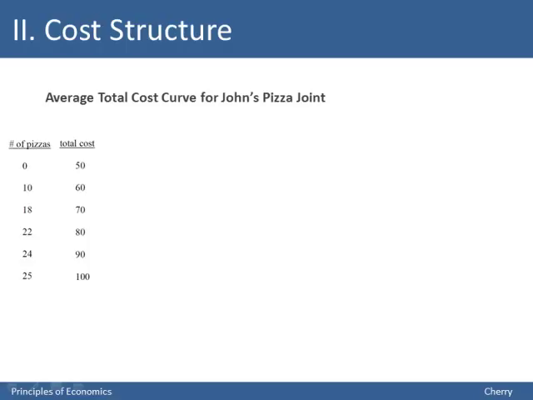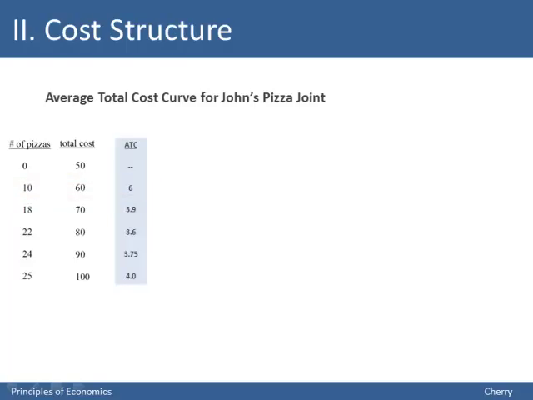All right, so from before we have the number of pizzas, and now we have total cost. Now let's calculate average total cost. If we have a total cost of 60 and your output is 10, what's your average total cost? That's 60 over 10, which is 6.